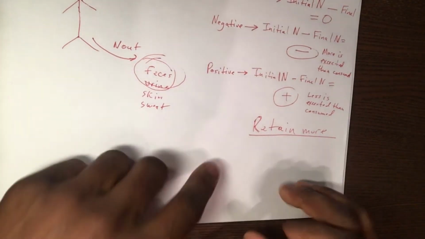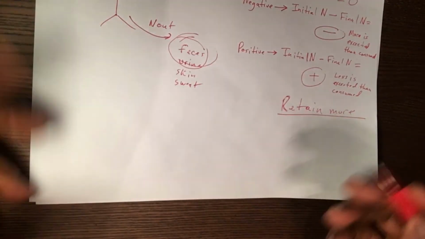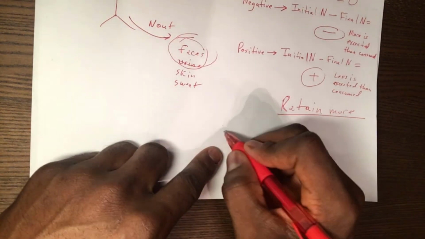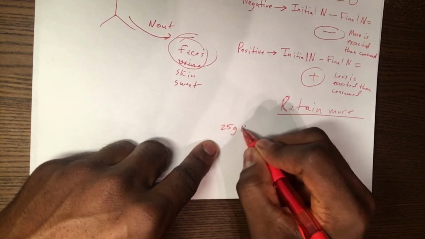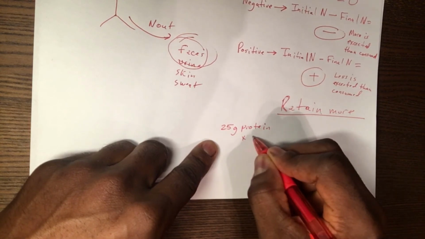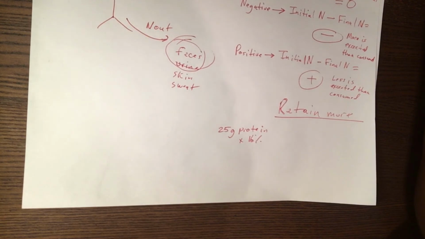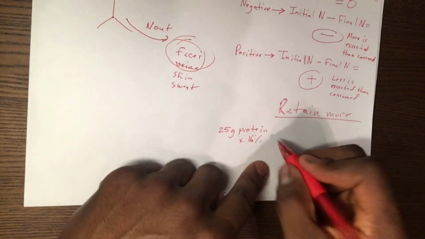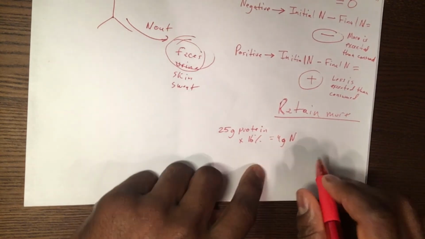So just as an example, let's say we consumed 25 grams of protein, which is 16%. I'm going to do this real quick on my calculator. So it comes to 4 grams of nitrogen that we consumed.